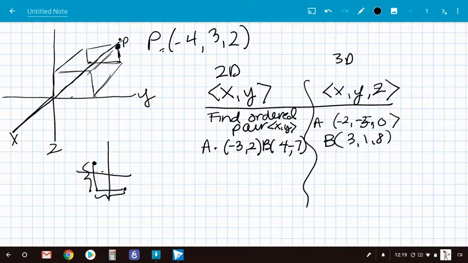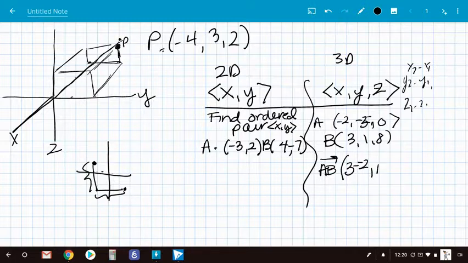And then to find the distance between these, you subtract. Remember the formula was y2 minus y1 and x2 minus x1, and then z2 minus z1 gives you your x, y, and z. So to find the vector AB, I would take the b's minus the a's.